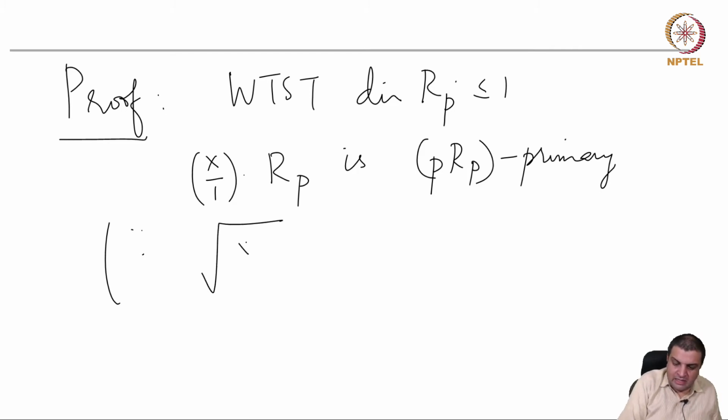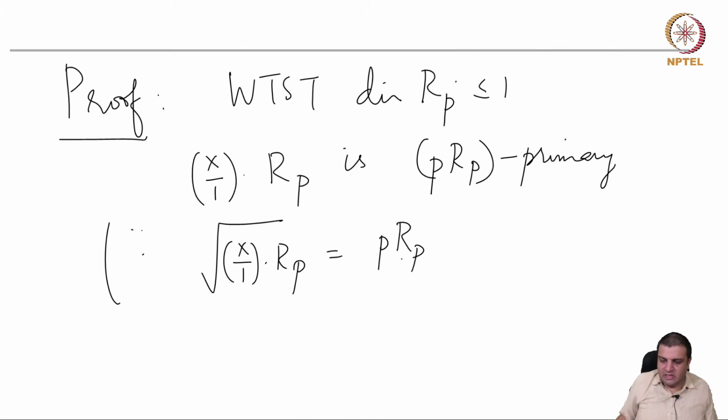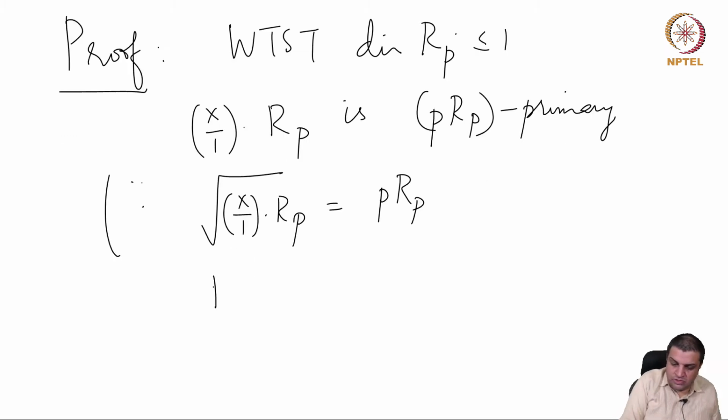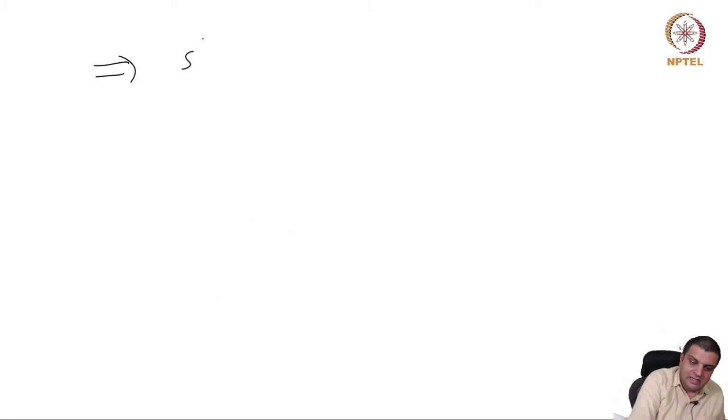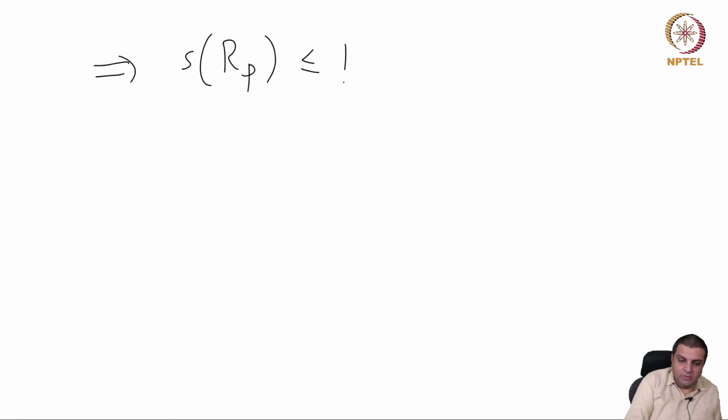The radical of x over 1 times R_P is PR_P. This is minimal, and we use the fact that PR_P is maximal in R_P. So it is P-primary. This now implies that S of R localized at P is less than or equal to 1. But we know that S is the same as dimension, and this is equal to height.